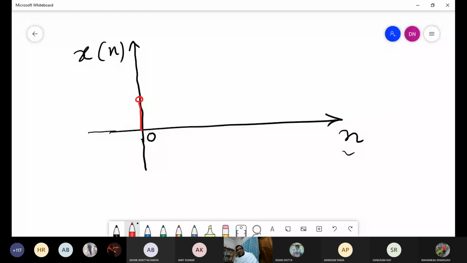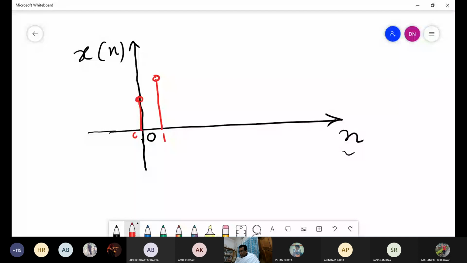These discrete points will be represented by the discrete variable n, an integer variable. So for n equal to 0, suppose this red sample is one sample value, and another sample here of the signal is for n equal to 1.